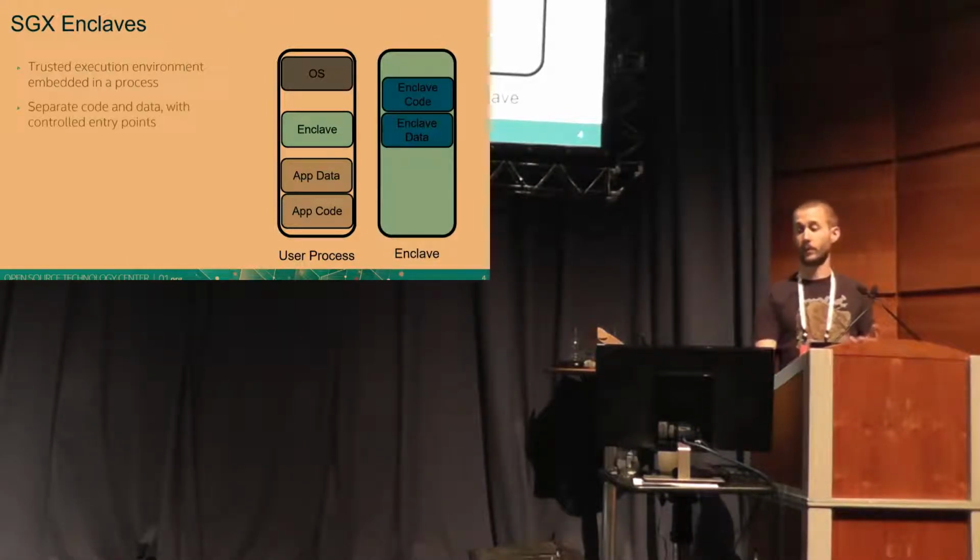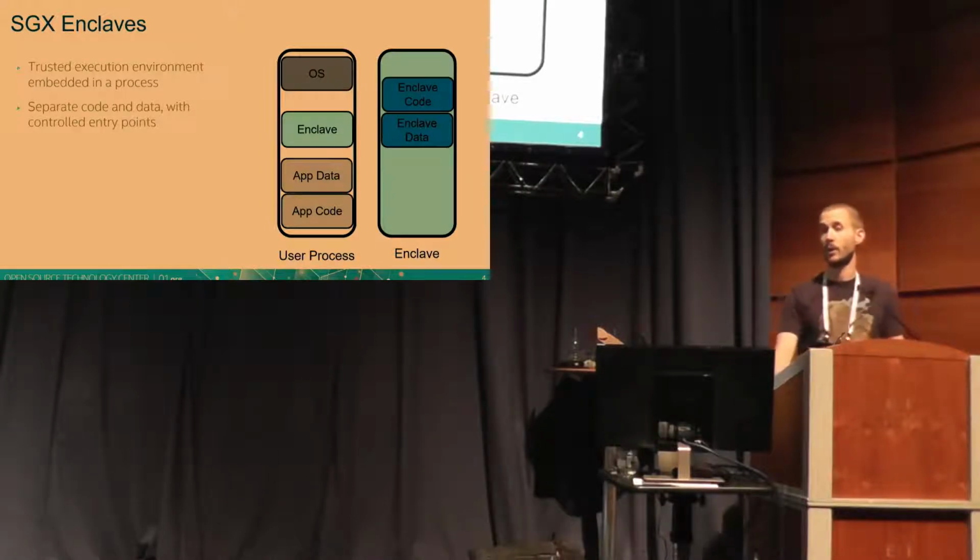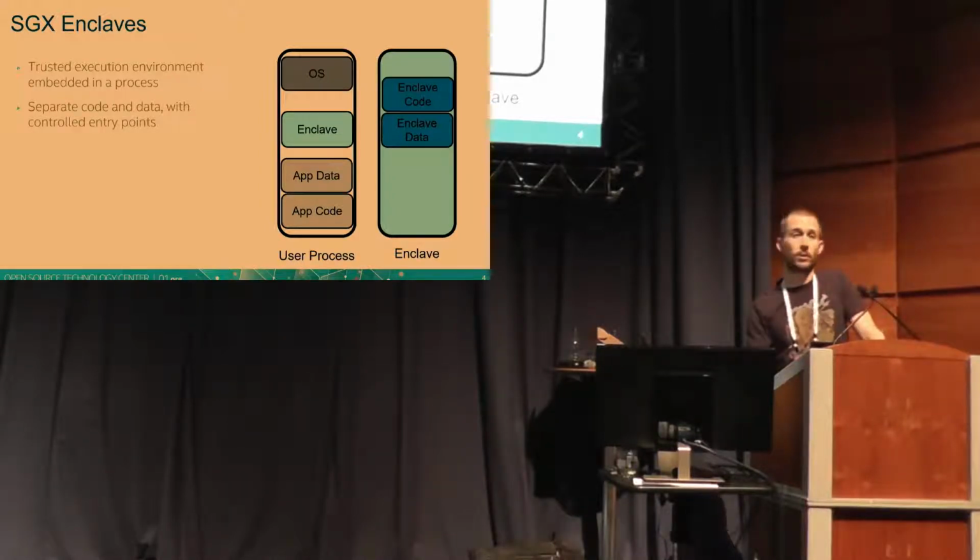They have controlled entry points, so you can't just jump into this enclave willy-nilly and try to do execution attacks by executing code you're not supposed to. You can only enter this code at points that the enclave has specifically allowed entry at.